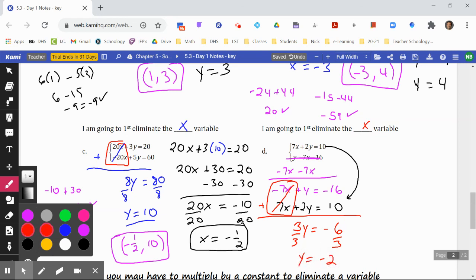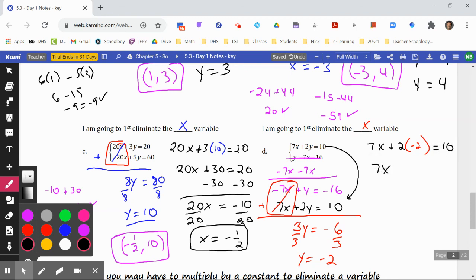And now I go back up here, and again, I'm going to pick that first equation. It's a little bit easier to work with to solve for that x variable. So we say 7x plus 2 times negative 2 is equal to 10.